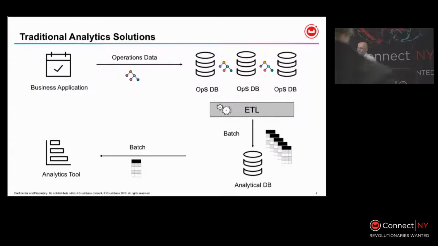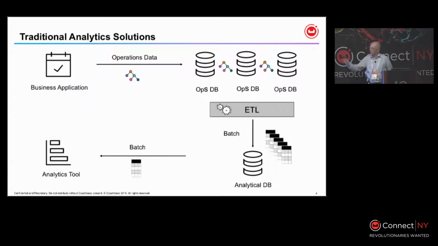Then you bring that into an analytical database, which is usually a batch process. Your data looks quite different after that, because before that, in your application, it was probably nested objects. In your operational database, we're not exactly sure what it was. And usually after the ETL, it's all flat tables. And then you take that analytical database and you work with the analytics tool.